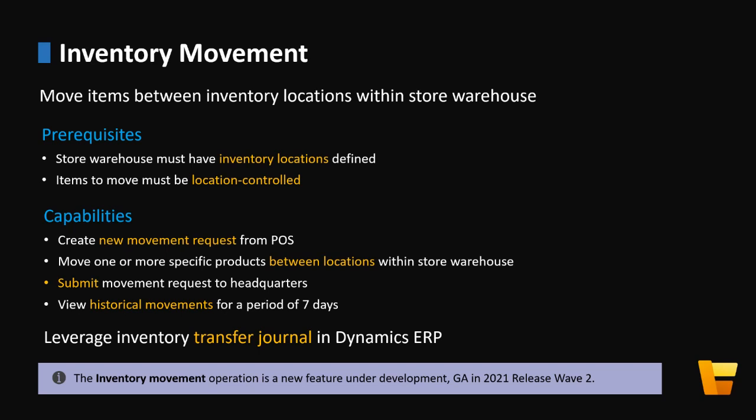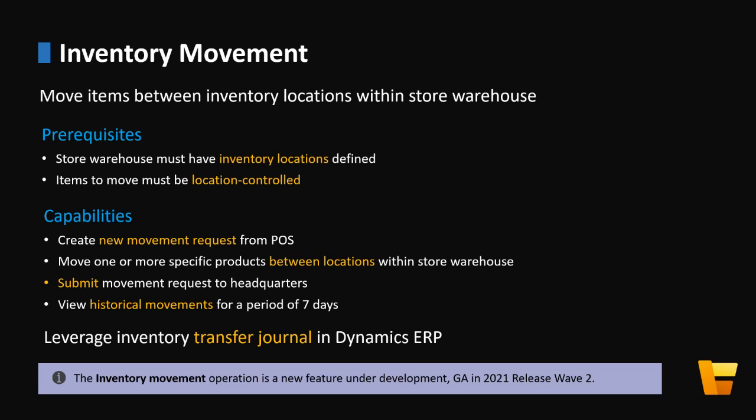Well, you may think the concept of inventory movement operation is very similar to transfer order. In our definition, the transfer order is primarily used to move items across warehouses, and for the situation that in-transit inventory must be tracked.